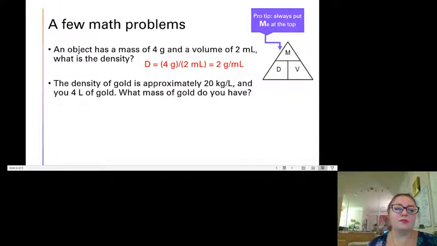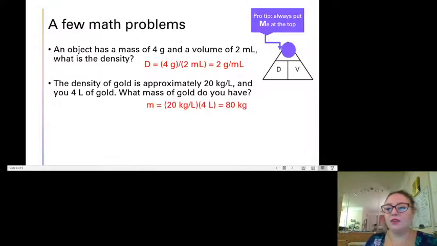So now we have some gold because we're feeling bougie. The density of the gold is 20 kilograms per liter. And we have 4 liters of gold because we roll it. And we want to know what mass this is because we usually measure gold in grams, not in liters. So we're going to cover up that M right there at the top.